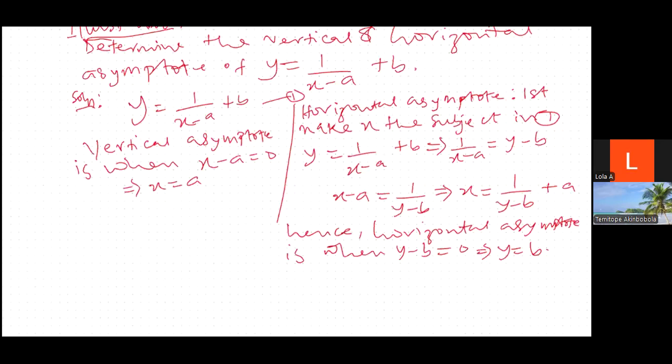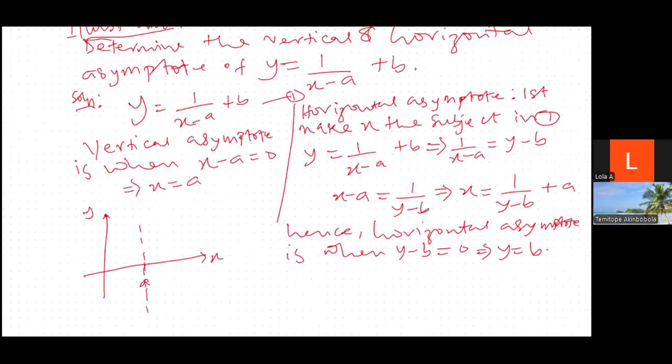Now, let's have our X and Y axis drawn. Now, x equals a. Let's assume a is here. This is a. So you're going to have your vertical line here. We said vertical asymptote. Can you see that? Then y equals b.